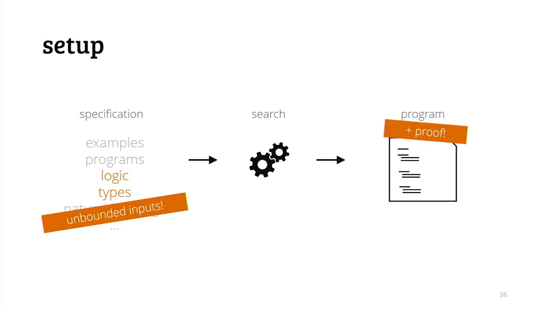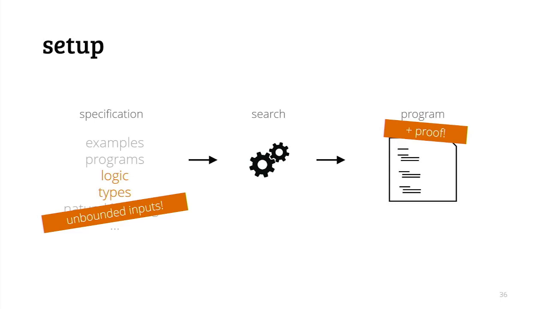And we actually care that the output we get is correct, because remember, in the first setting, when we're synthesizing from input-output examples, you're only guaranteed that the program is correct on those examples that you gave it.